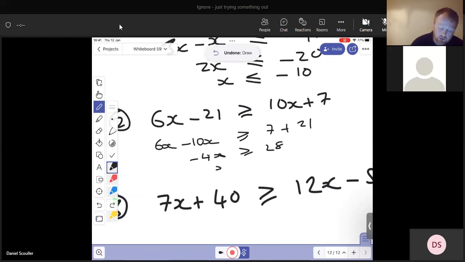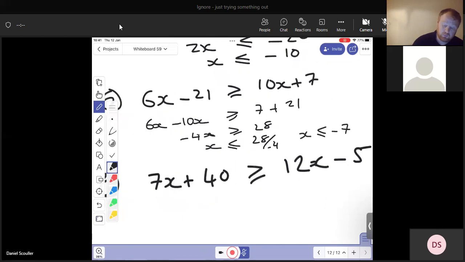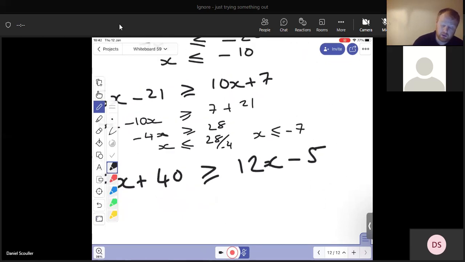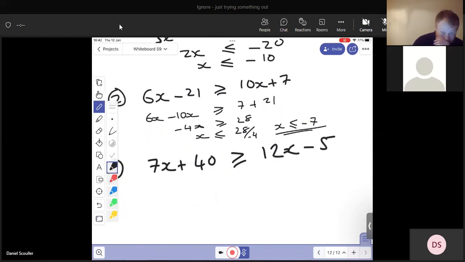Leaving x on its own, we're taking a negative across, which flips that sign. 28 over negative 4. So x less than or equal to negative 7. That's your final answer there. That's the first one without changing that symbol.